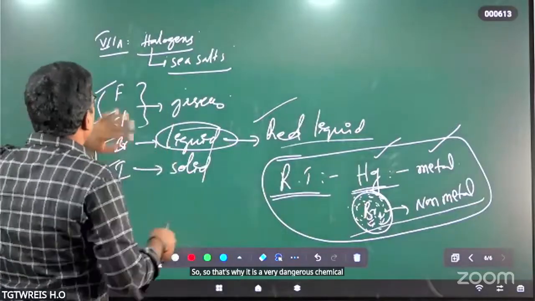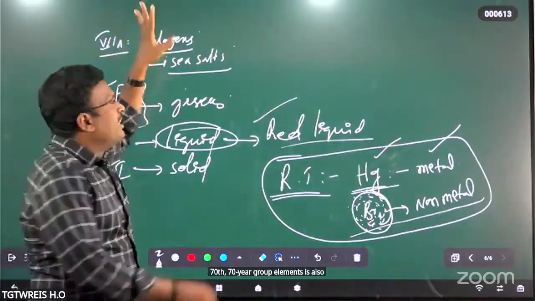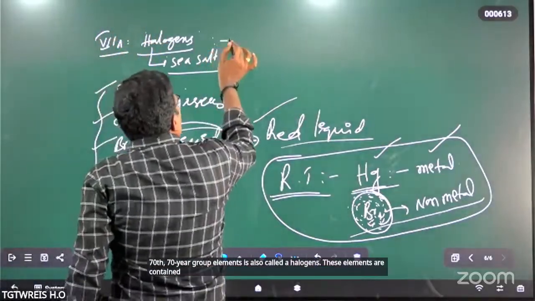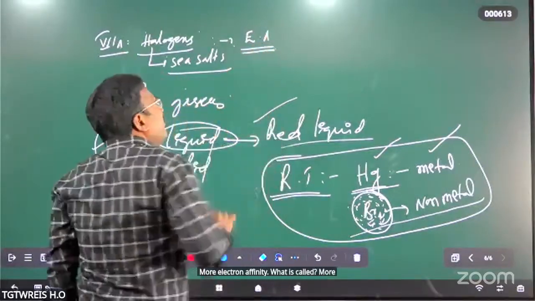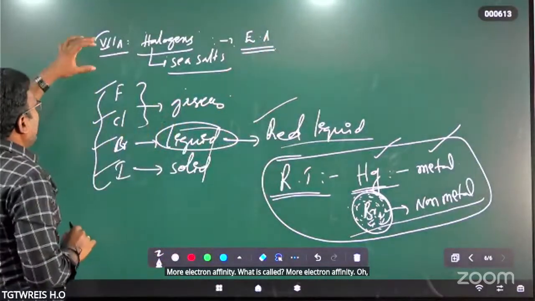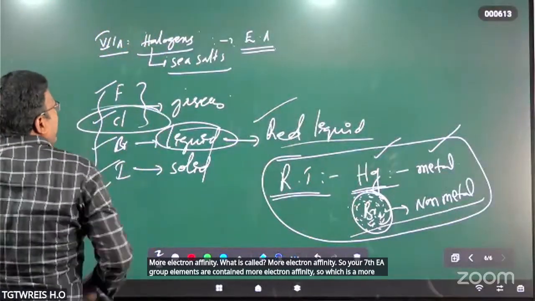Okay, coming to the point, 7A group elements are also called halogens. These elements contain more electron affinity. Which has the highest electron affinity in the periodic table?